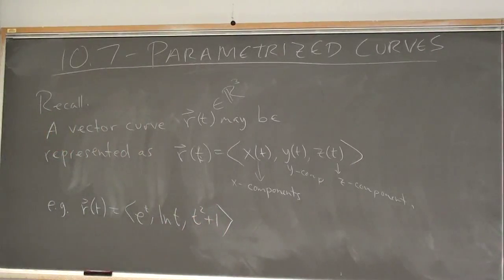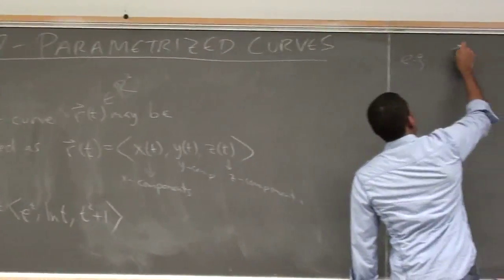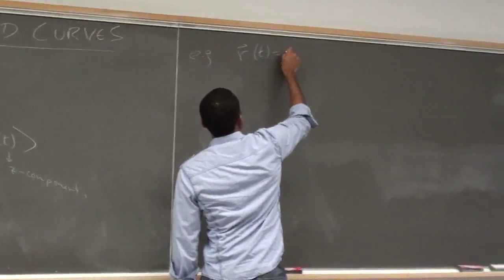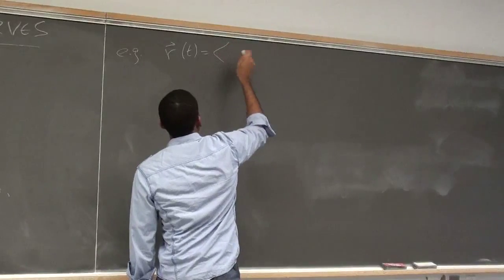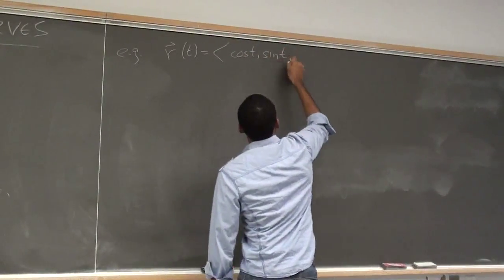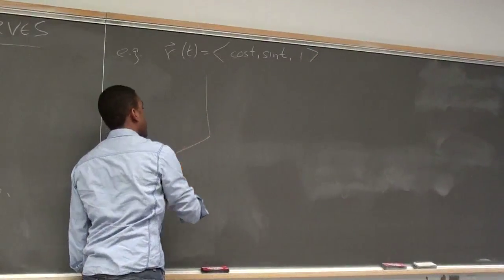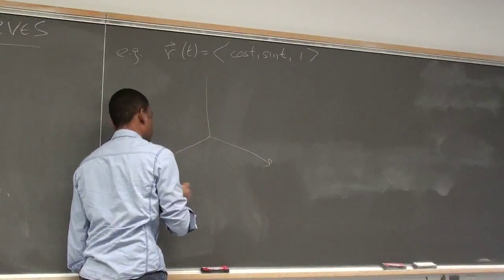this guy's a vector curve, right? It's going to give you some way to plot curves in space. Another example, I can say, who can tell me what that vector curve looks like? Cylinder?